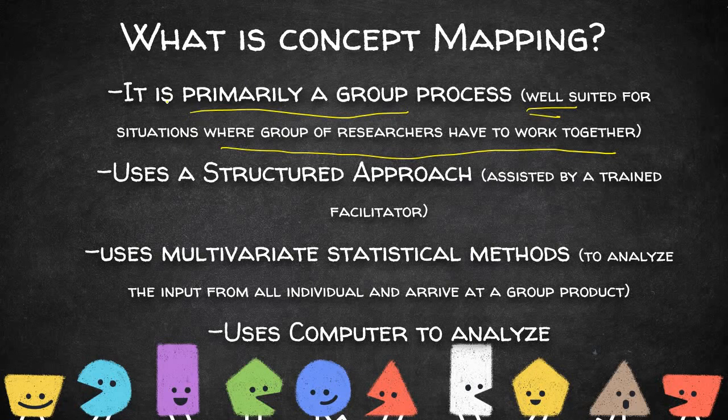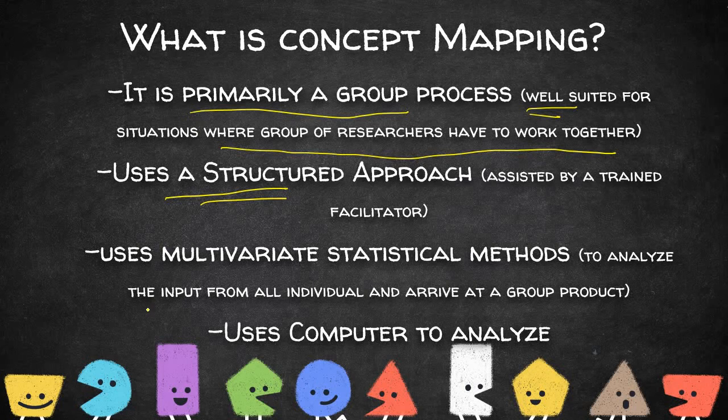So what is concept mapping? It is primarily a group process, and it uses a structured approach. Normally it is assisted by a trained facilitator, and the third thing is it uses multivariate statistical methods, because there are different parties, different people who provide input into the group process.